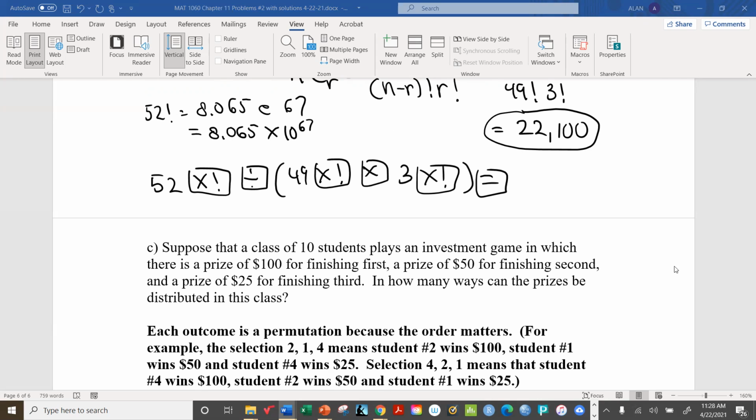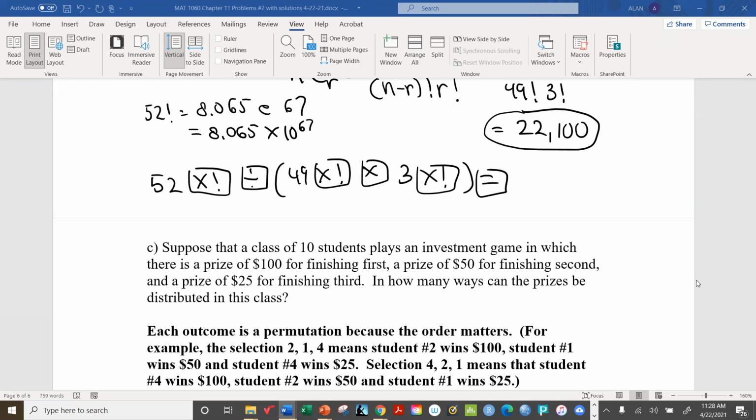But anyway, we have 10 students in the class playing an investment game. Ooh, maybe we should have done this, in which there's a prize of $100 for finishing first, $50 for finishing second, and $25 for finishing third. In how many ways can the prizes be distributed in this class? Now here, these are clearly permutations that we're looking at because the order of selection matters.